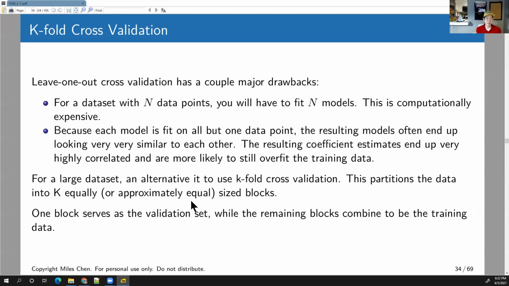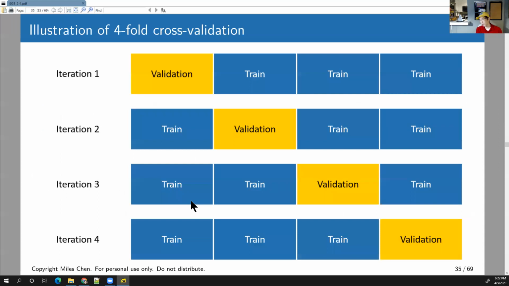If you have a large data set, you might split it into 10 blocks, randomly selected, and you would use each fold as a validation set. Just to illustrate, we're going to do maybe 4-fold cross-validation for the Olympic data, and I'll illustrate how k-fold cross-validation works here.